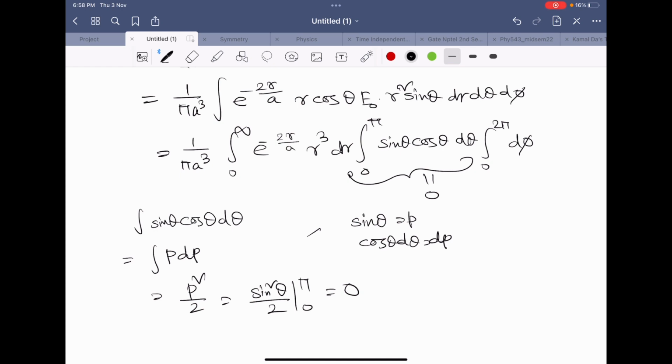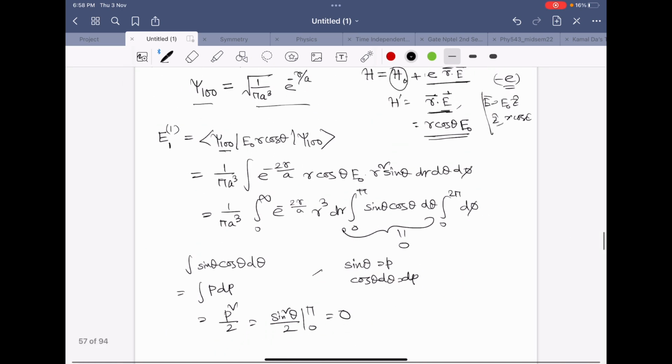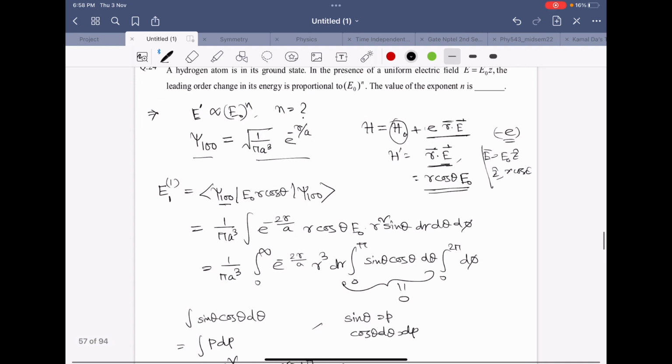So this will give us 0. So the first order correction to the ground state is not proportional to E naught at all, because it is 0. So we need to go to the second order correction.